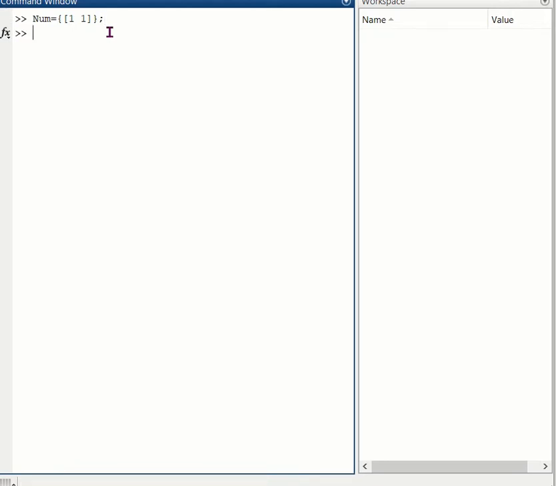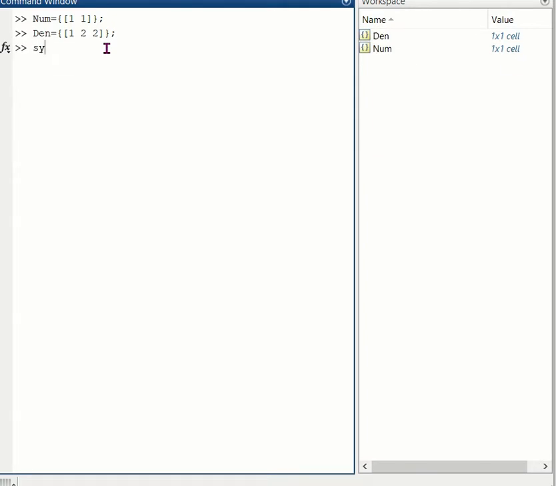Likewise, suppose that we define a polynomial which will be used as the denominator in the transfer function, and let's take that polynomial as 1 2 2. This means that the function in the denominator is s square plus 2s plus 2.